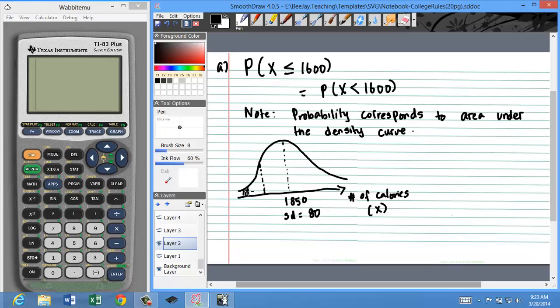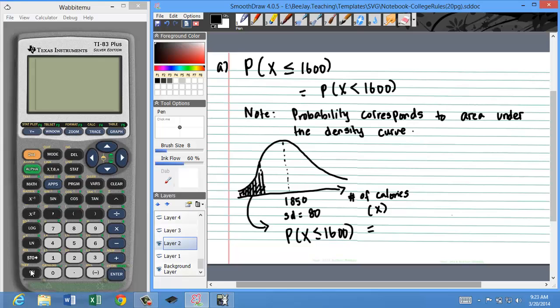It has to be an approximate. That is sufficient because we're doing this for our own understanding, that's all. So that is the area I'm looking for, and that area would correspond to the probability P(X less than or equal to 1600). Now, how do I find this probability?